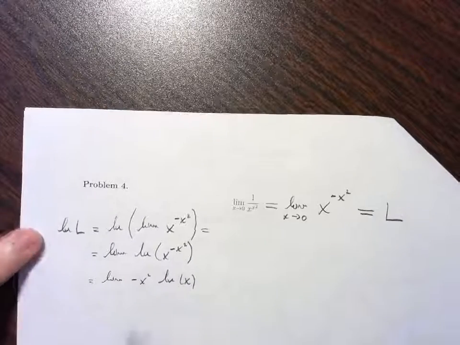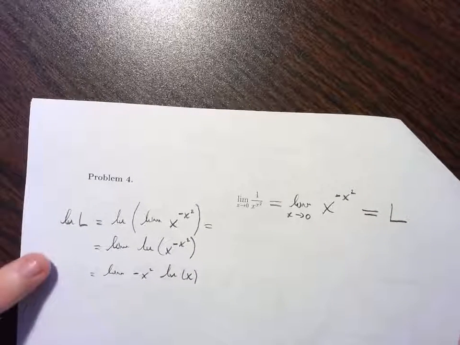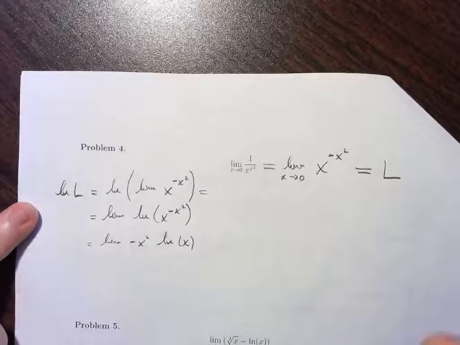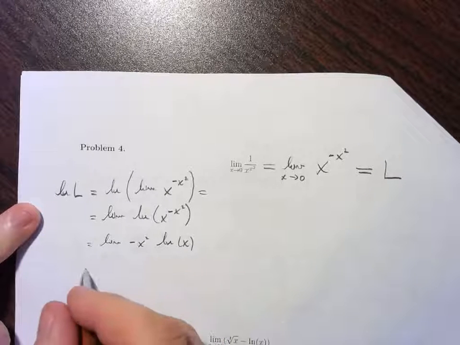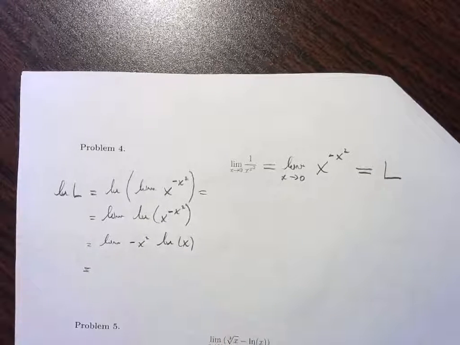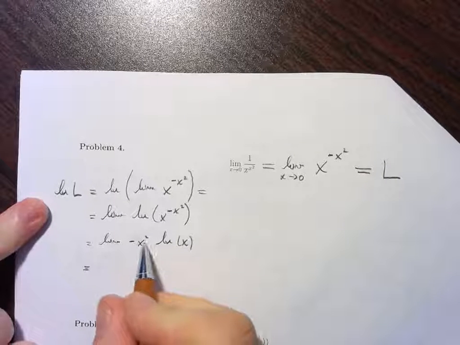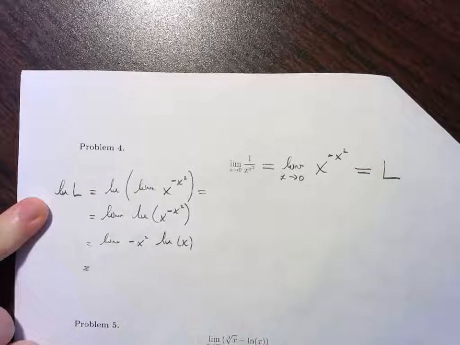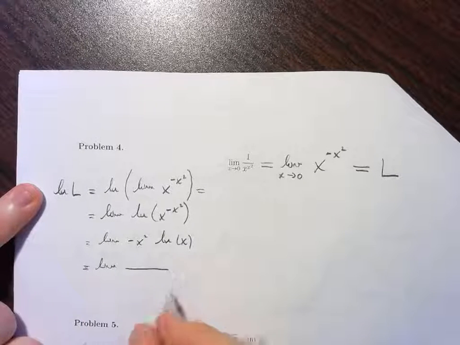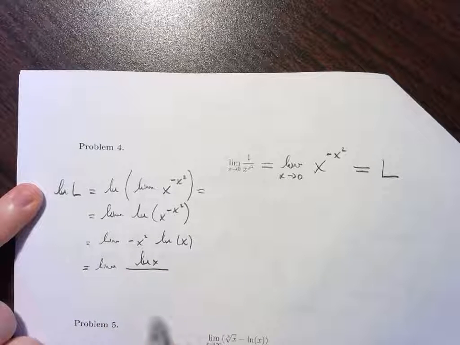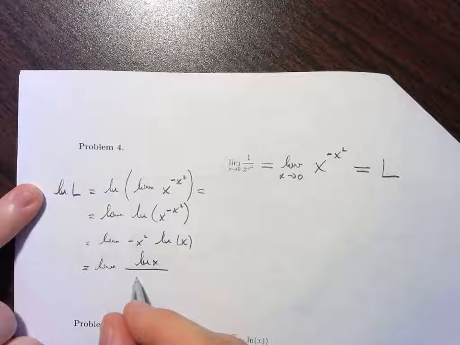And I'm still not done because I still haven't obtained a fraction here, right? Remember, L'Hopital's requires us to have a fraction, but I can easily fix that by bringing the x squared to the denominator and writing it as 1 over x squared. So this is the same as the limit, and here's my fraction, ln of x divided by negative 1 over x squared, just like that.